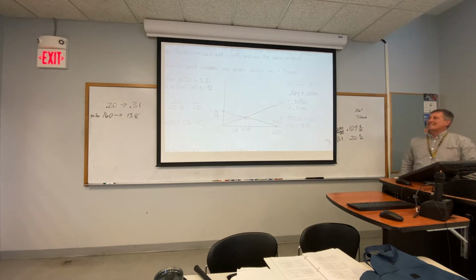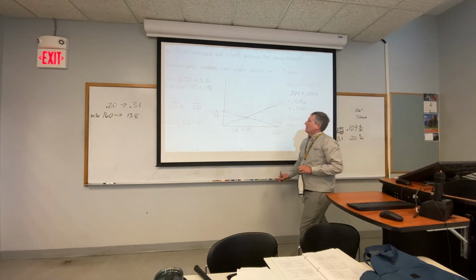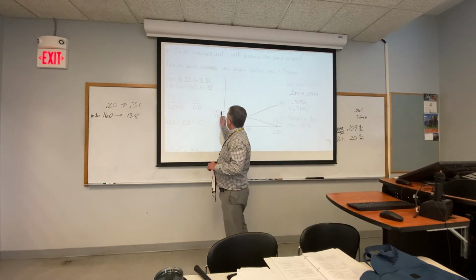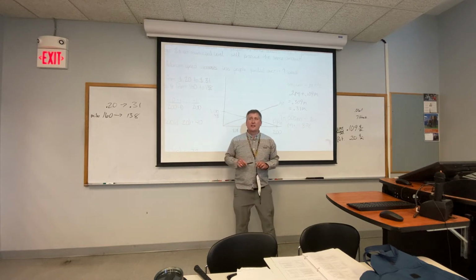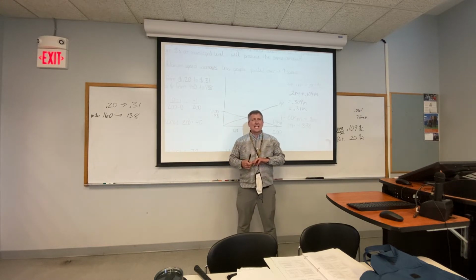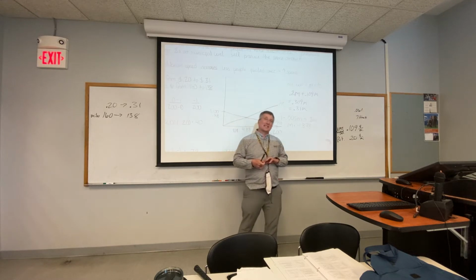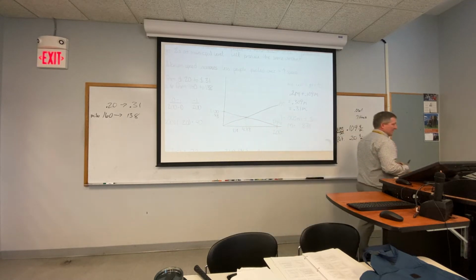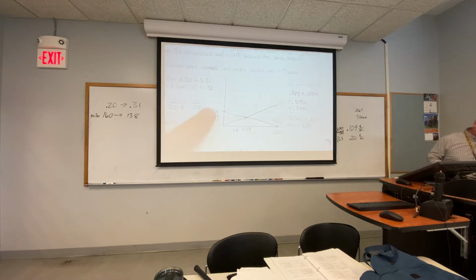If we're doing it in cents, how many cents is that? 100. So if we converted it to cents, just to kind of think about it that way, and made this in terms of cents, and then our other slope in terms of cents, we could kind of get a different looking line.